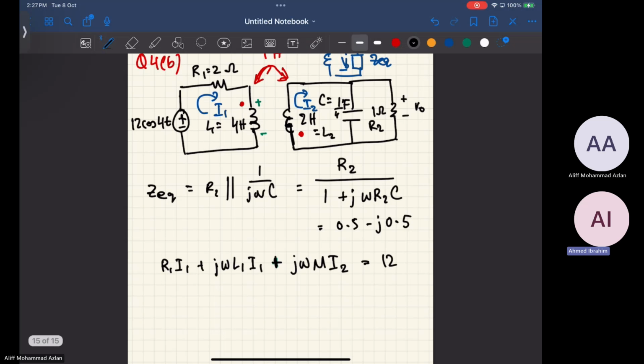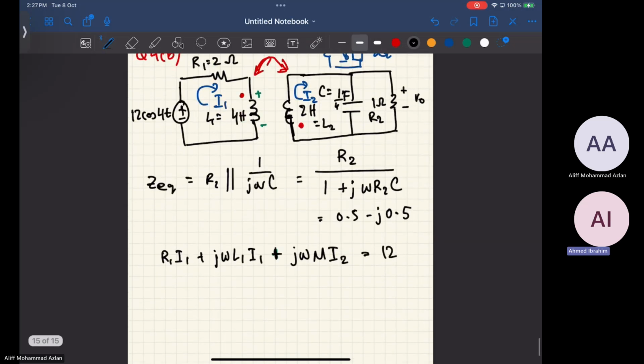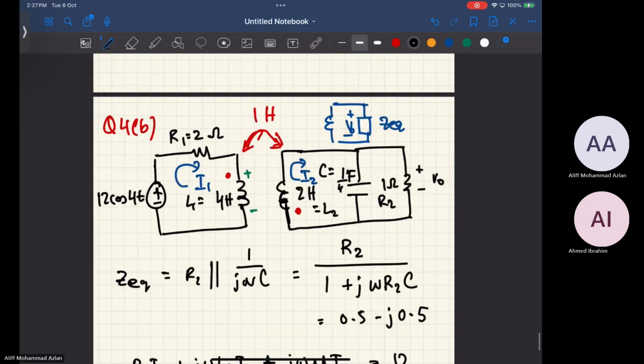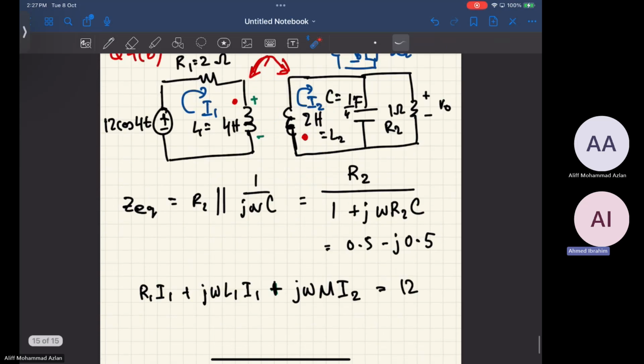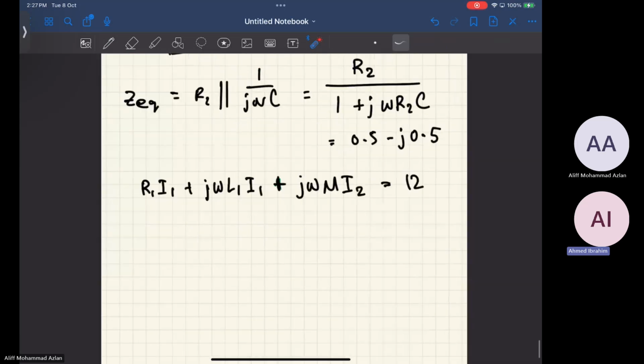Similar thing for the second mesh. So we're going to have I2 go through Z equivalent, and then we'll have self-induced voltage from I2, and we'll have a mutual induced voltage from I1.